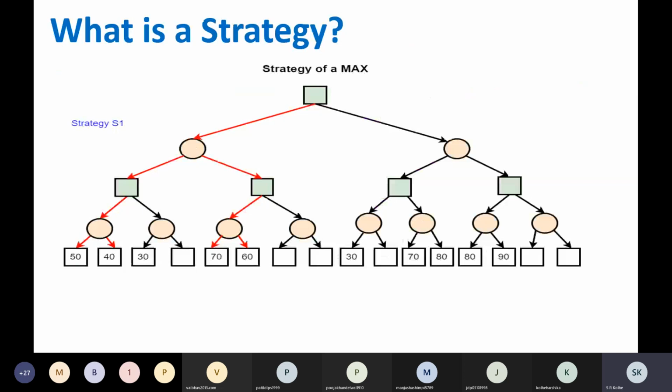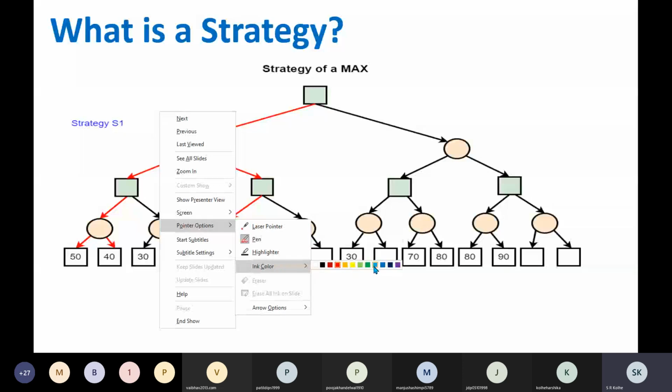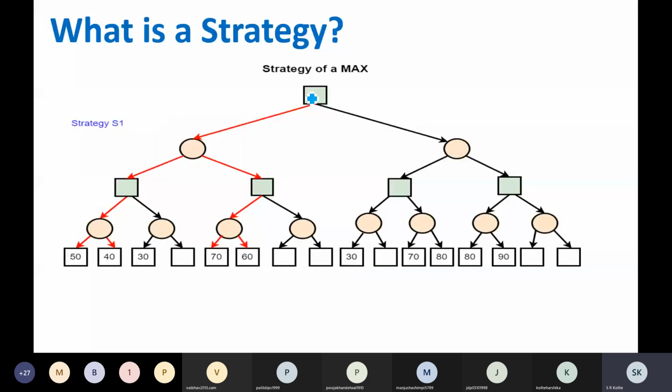Come back out here. I will change the color. Consider this blue color. At max node you select all, and at min node you select one.